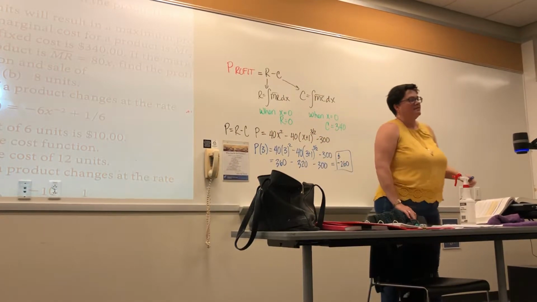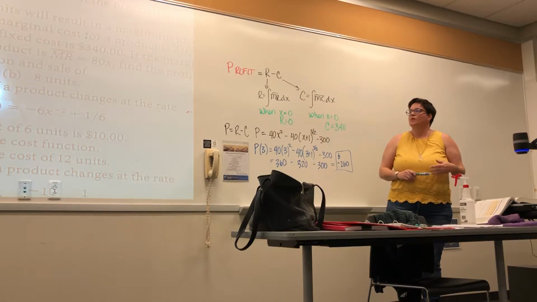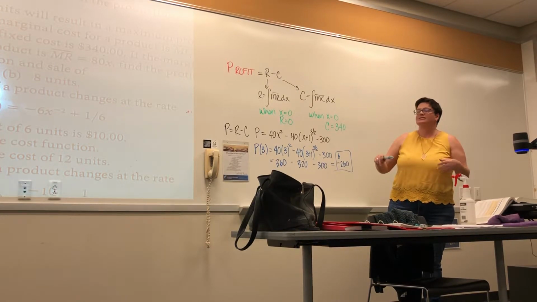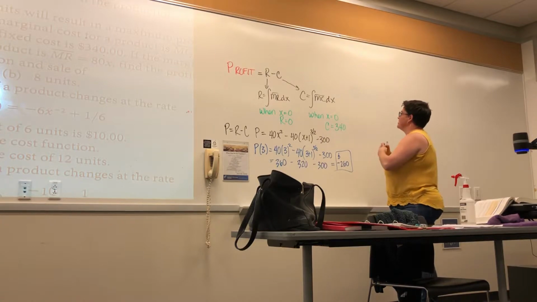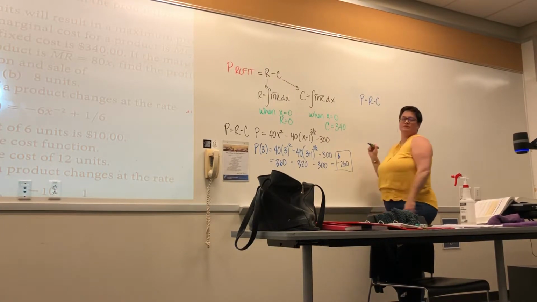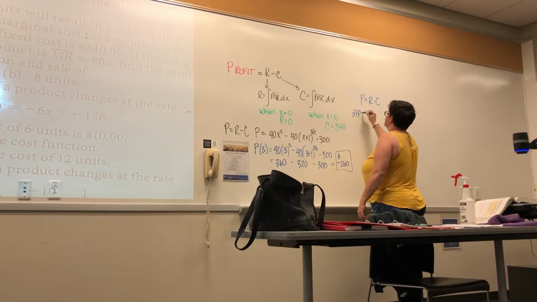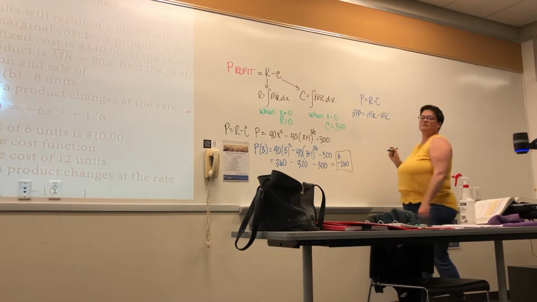I'm guessing a few of you have figured out that if I adjust, let me show you something. Profit equals revenue minus cost, right? So if I just go through and take the derivative, marginal profit equals marginal revenue minus marginal cost, is that right?